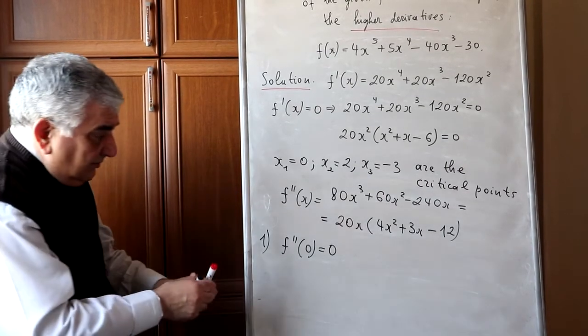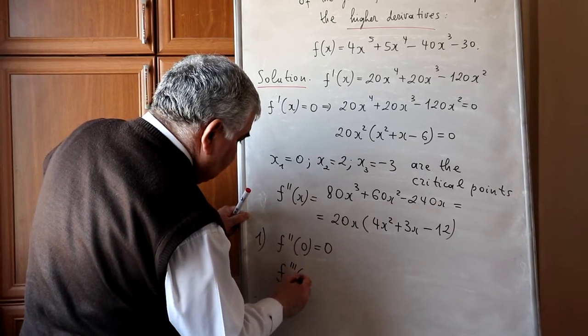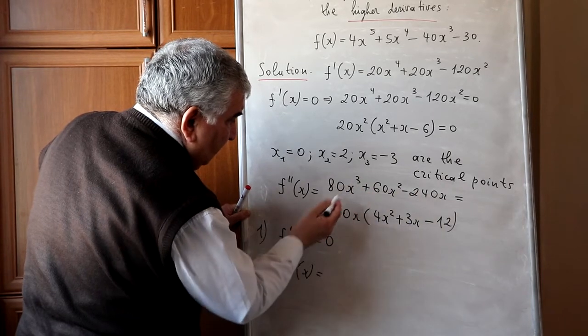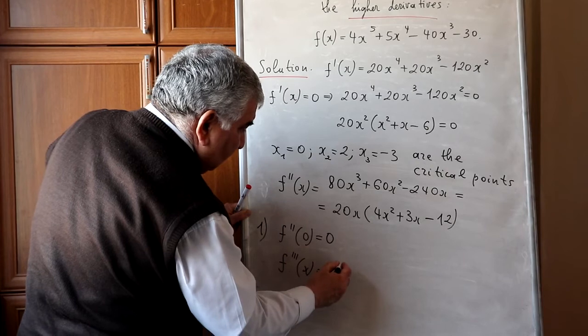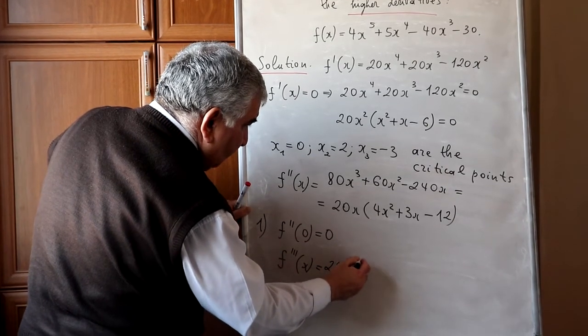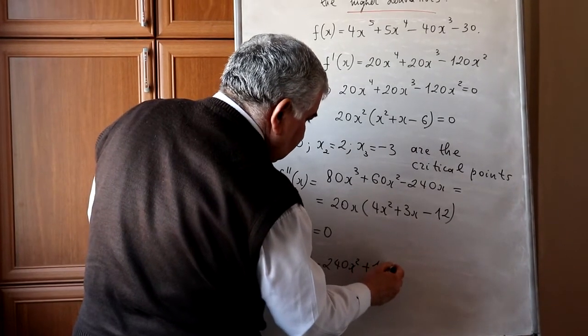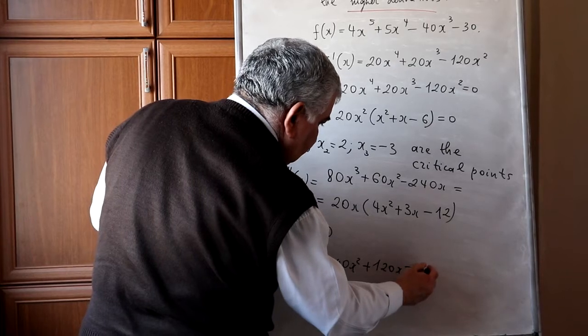Then we calculate the third derivative. f3 prime of x equals 240x squared plus 120x minus 240.